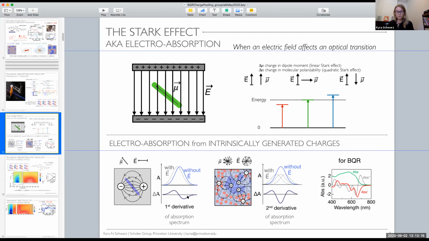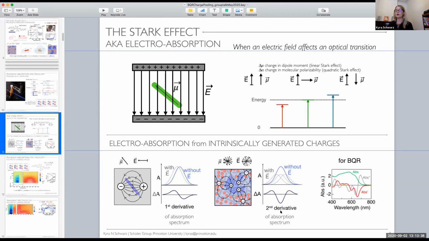If you take the difference between without and with electric field, what you end up with is the first derivative of the absorption spectrum you started with. If you have the case in which there's a lot of disorder and a lot of different mutual orientations between the transition dipole moment and the electric field, you get a whole bunch of different things happening, shifting higher and lower in energy.